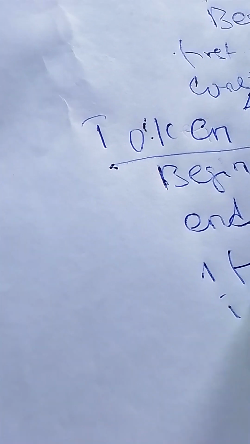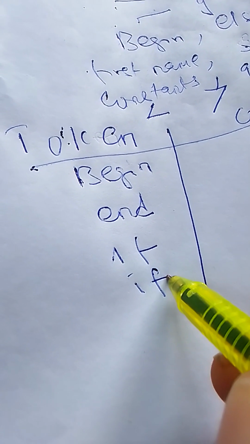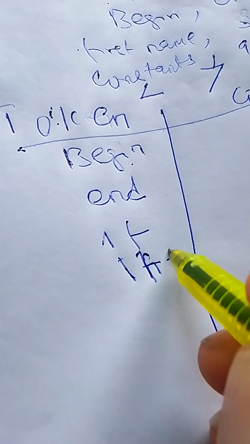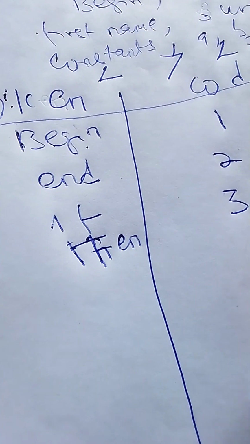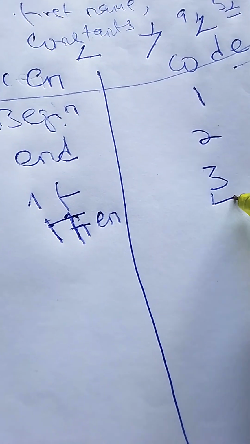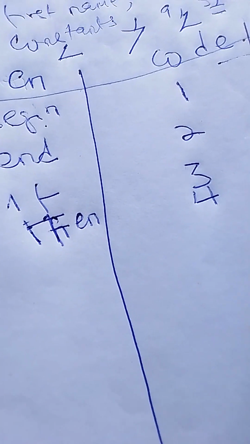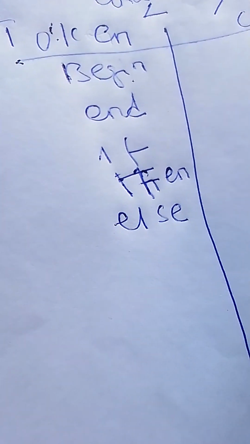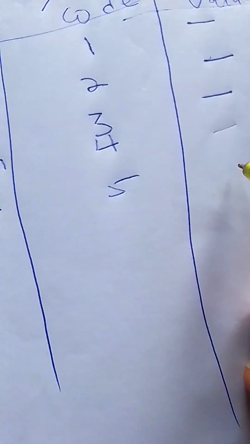Then we have then, with code 4 and no value. Then we have x, with code 5 and no value.